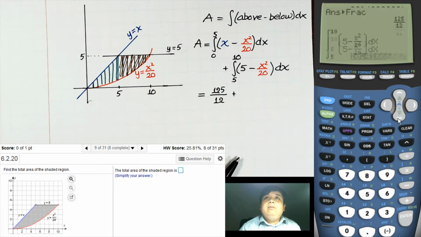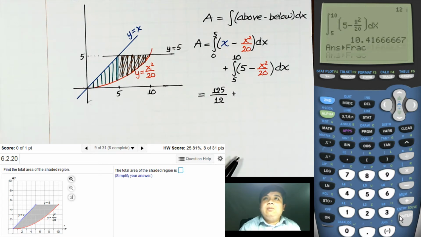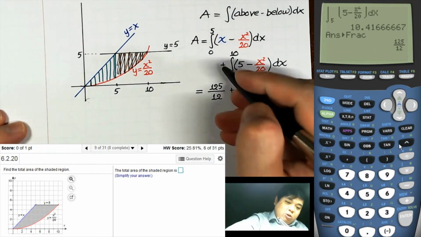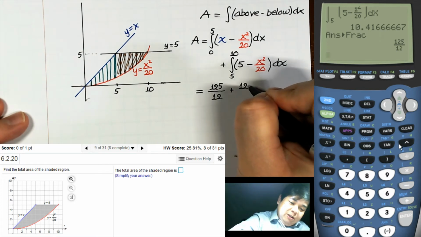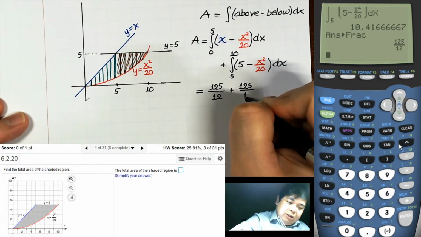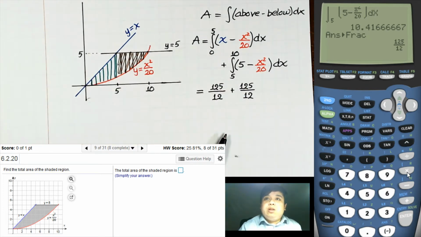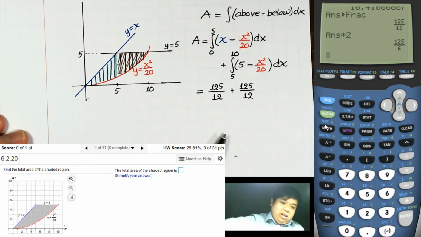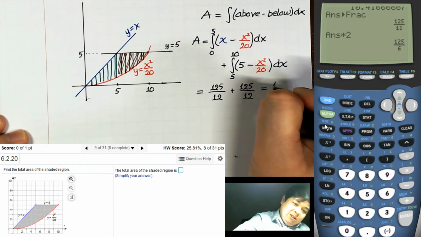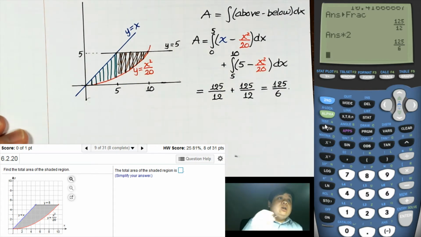Right, change that to a fraction. Okay, 125 over 12. So pretty much those two are the same, so we just multiply by 2, which is 125 over 6. Right, that's one way to do it.